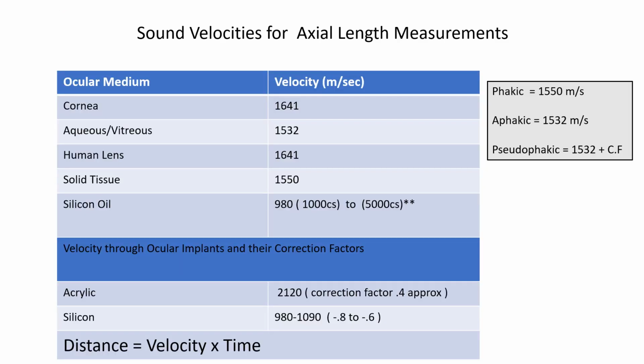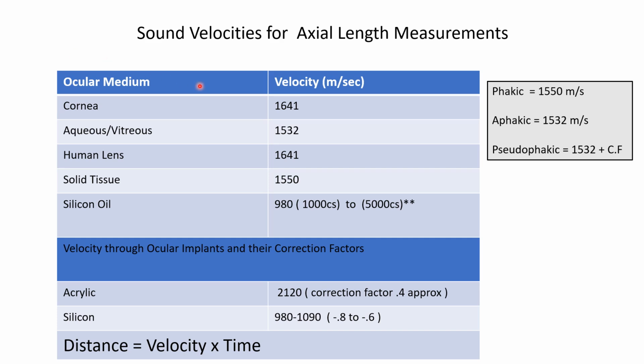Now, what we mean by axial length, as I said before, is the distance from the corneal epithelium to the retina. It is important to understand that the biometry machines do not measure the distance, but they measure the time that the ultrasound takes to reach the retina and come back.